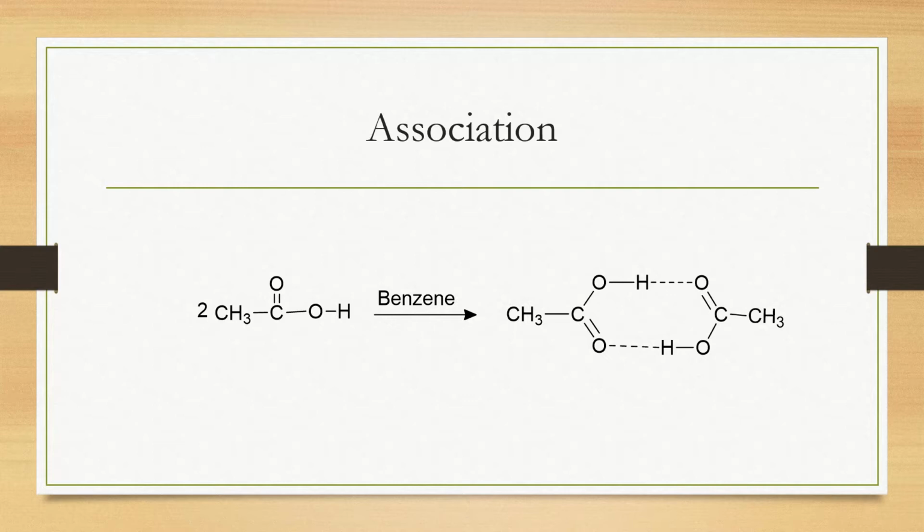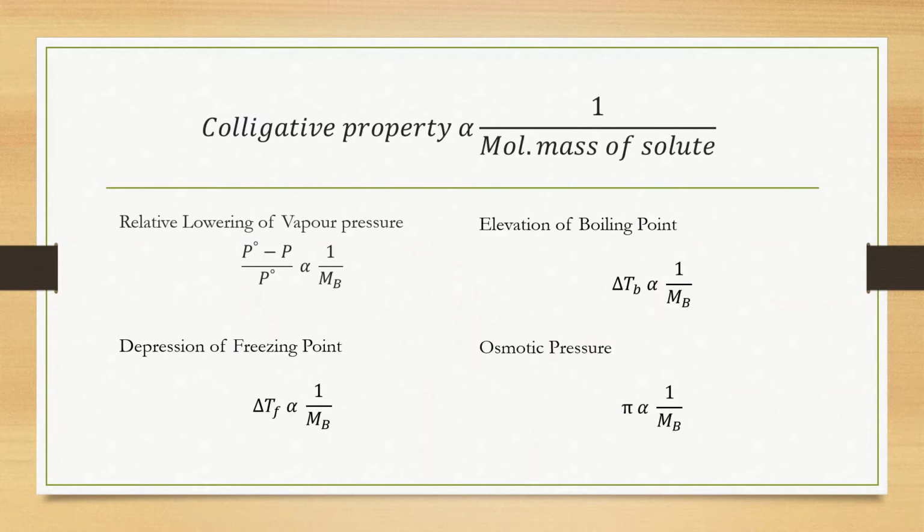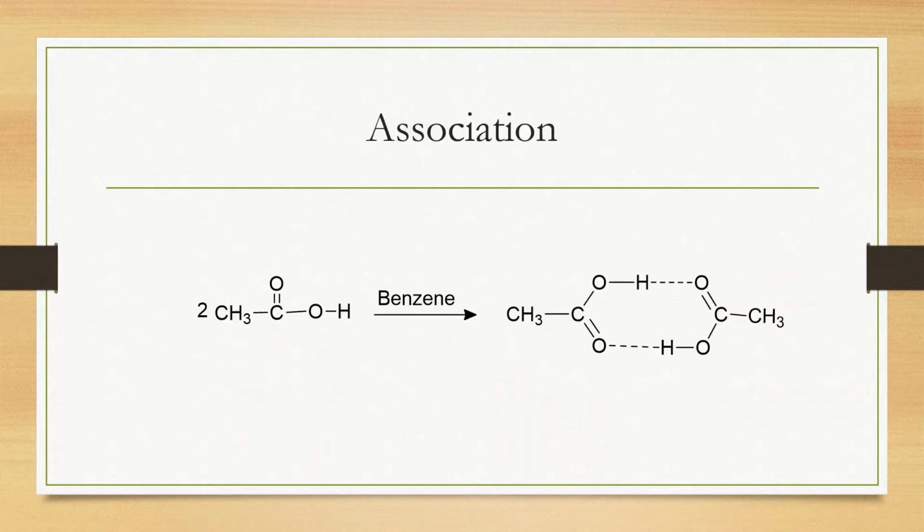As colligative properties are inversely proportional to the molecular mass, therefore, a higher value of molecular mass is obtained than the expected value. For this example, we see that ethanoic acid, when dissolved in benzene, undergoes dimerization, and here it shows a molecular mass of 120 grams instead of the expected 60 grams.